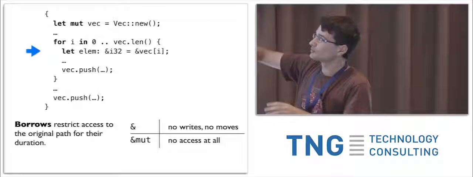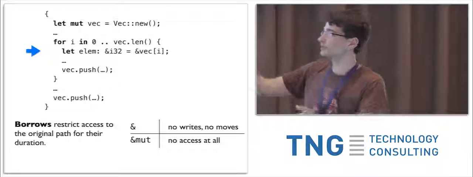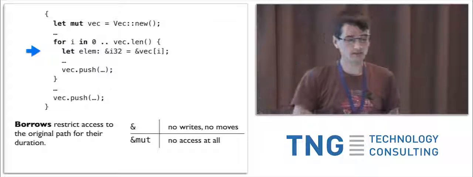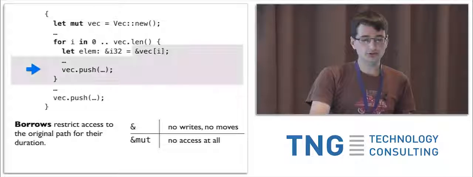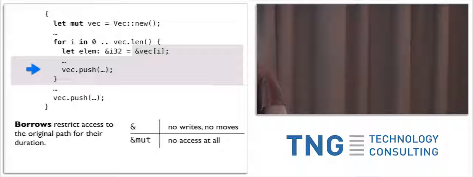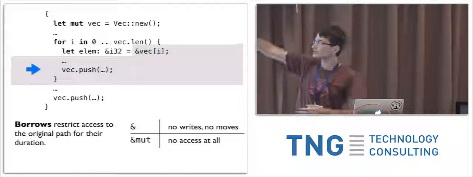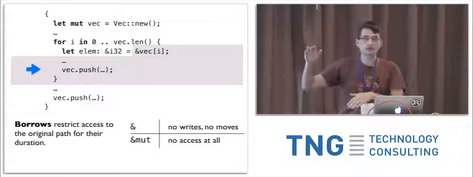So in this example, we create a vector, we're going to iterate over it, take a reference, and try to mutate it. But clearly this is very bad because we can't have a reference while we then mutate it at the same time. The way Rust understands this is, once we try to do the push, we know that this original borrow from the vec of i is alive for the entire scope of this for loop. So this element pointer is alive during that entire scope, so we know that the borrow is active for that entire scope.